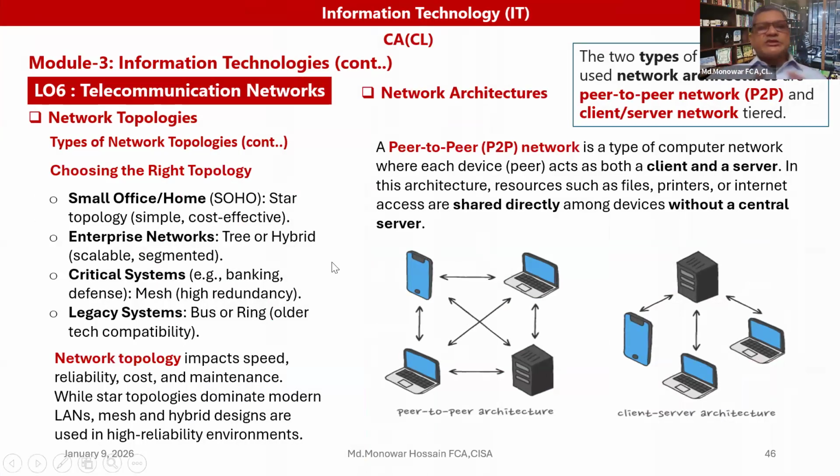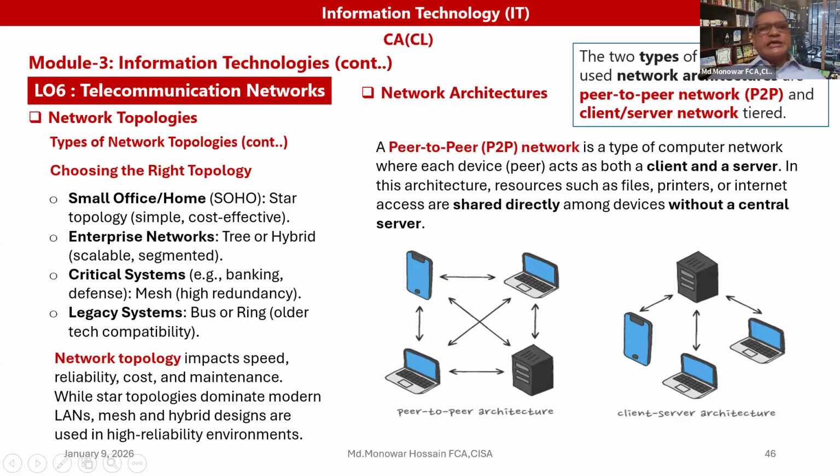So from that, what type of topology should be chosen for a business? If we see here, choosing the right topology: a small office or home can choose a star topology because it is simple and cost effective.